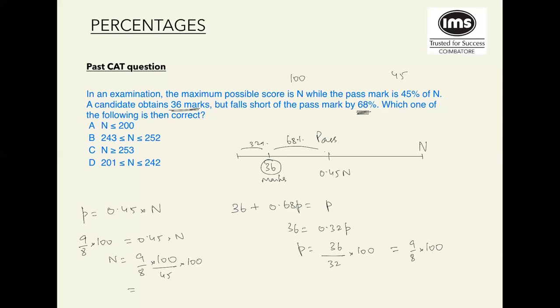When I simplify, I will basically get this as 250. So since n is 250, the answer is option B, where it is between 243 and 250.